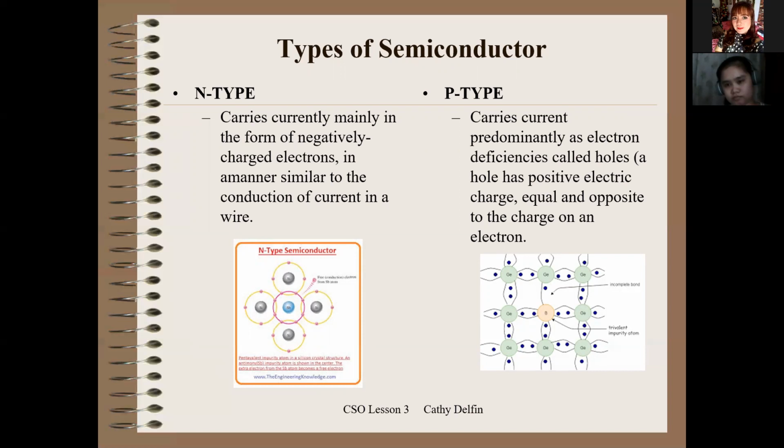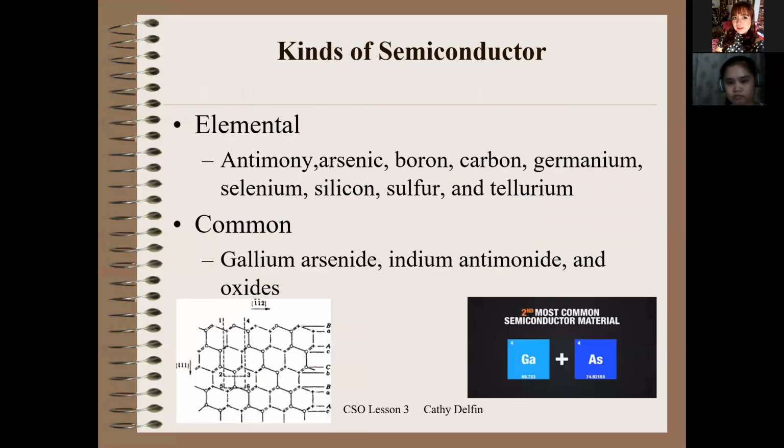And then P-type carries current predominantly as electron deficiency called holes. A hole has positive electric charge equal and opposite to the charge on an electron. Di ba sabi nga, positive attracts negative. So that is the positive and negative.